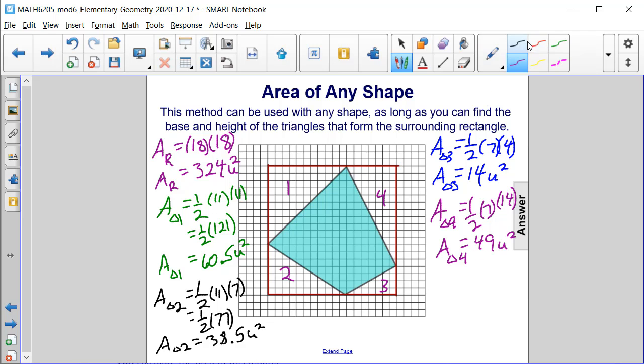And then if we add up all of the areas of our triangles, we will have 60.5, 38.5, 14, and 49. And if we add those up, we get 5 and 5 is 10, so we put the 0 down, and we regroup by bringing the 1 that represents a set of 10ths over into the ones column.